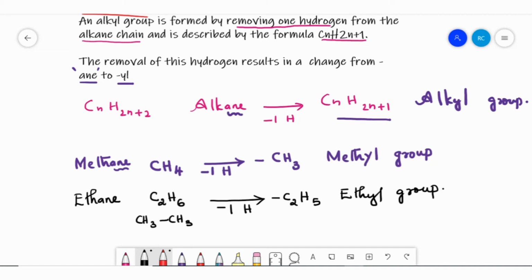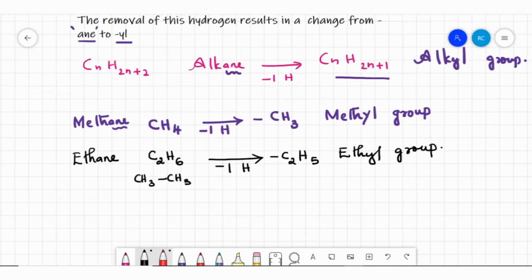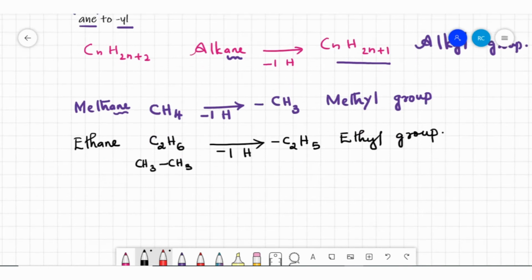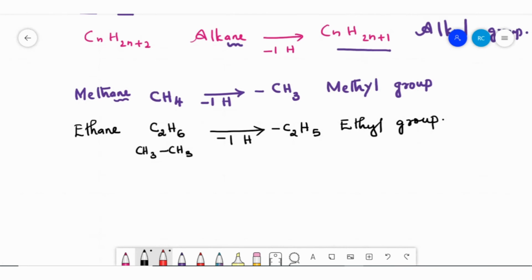So alkyl groups are formed by removing one hydrogen from the corresponding alkanes. From methane we get the methyl group, from ethane the ethyl group. Similarly, from propane: the molecular formula of propane is C3H8, and the condensed formula is CH3CH2CH3.